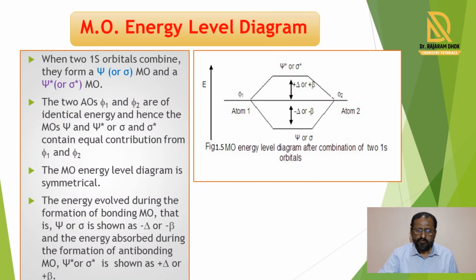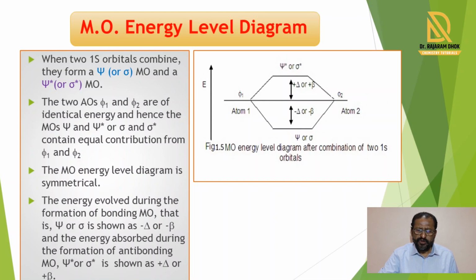Now, from the average energy, the bonding molecular orbitals are lowered and show a certain distance, and that distance is the energy or stability, shown by the symbol delta.